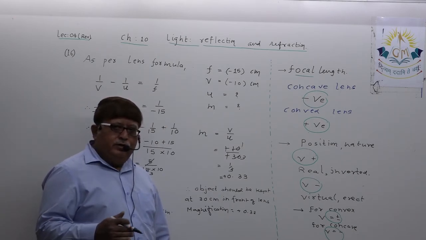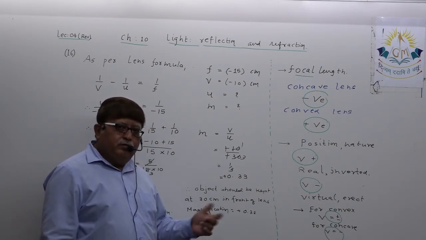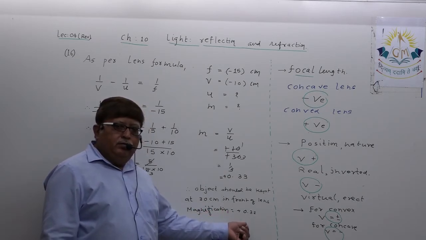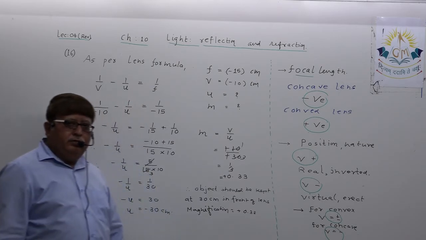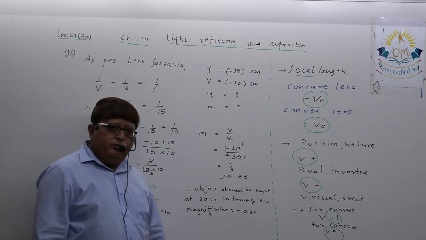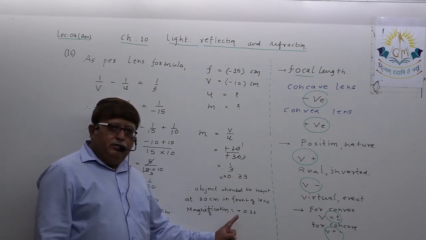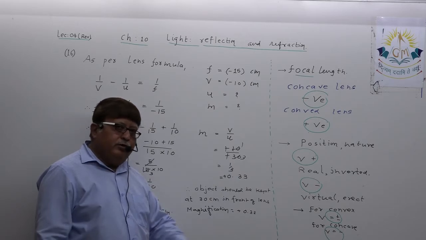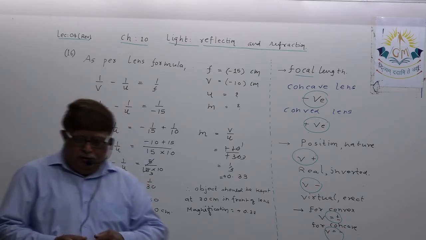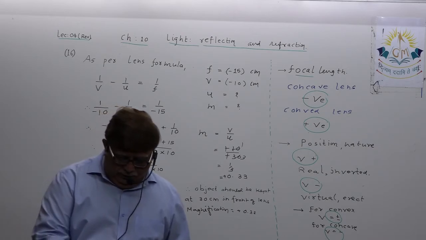Rather, nowhere you are asked regarding the nature of the image, but simply from the value of magnification you can guess. Because magnification is positive 0.33, less than 1, you can say that the image is virtual, erect, and smaller.